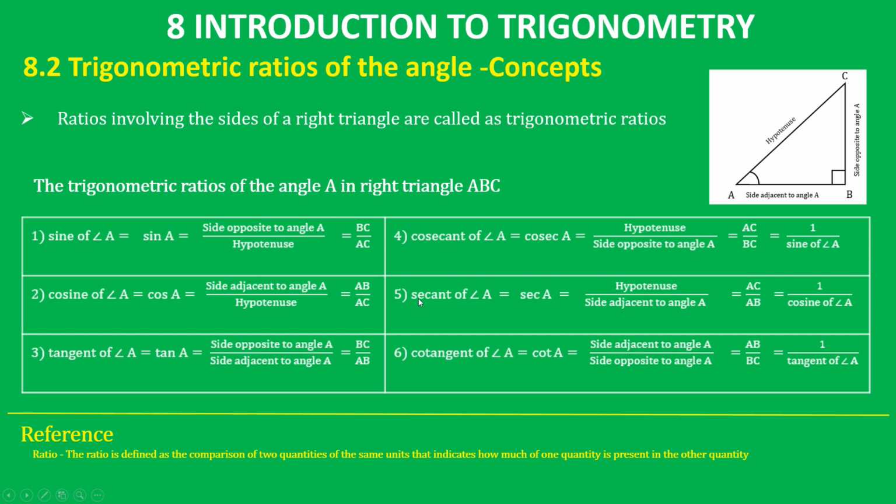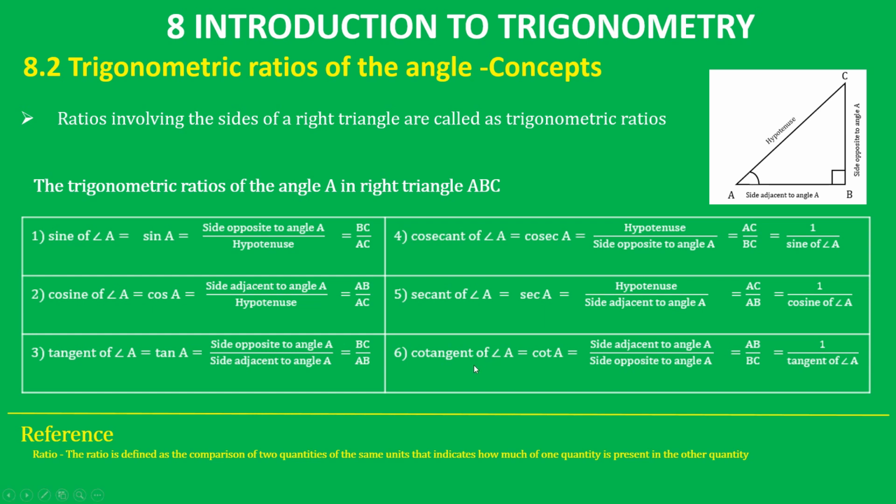This is called secant of angle A. Simply we can call it secant A. If you look carefully, it is the reciprocal of AB by AC, correct? That is the reciprocal of cos A. So we can write that secant of angle A is the reciprocal of cosine of angle A, or simply we can say that secant A is equal to 1 by cos A.